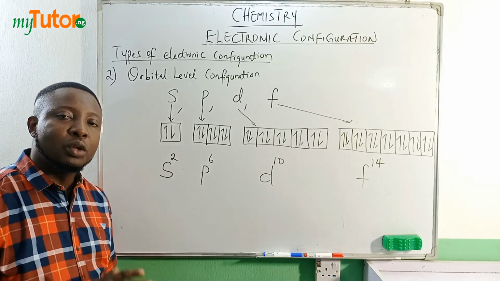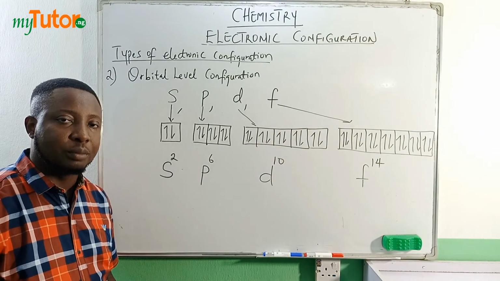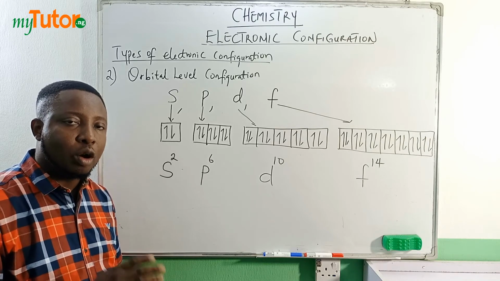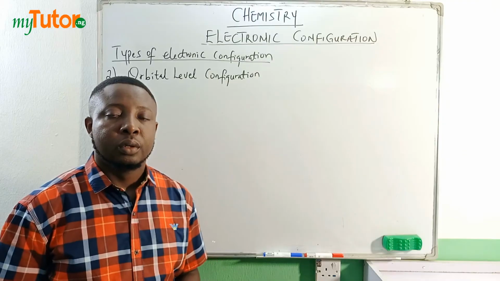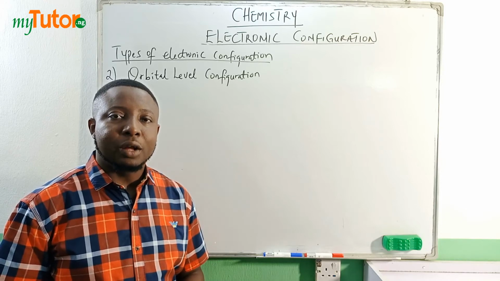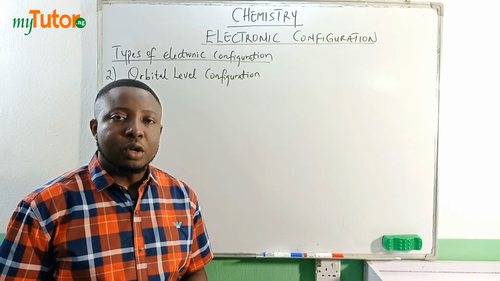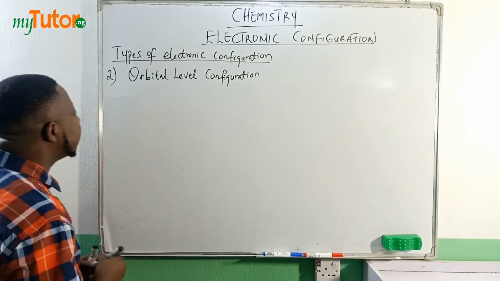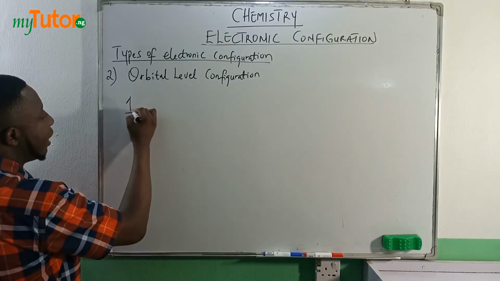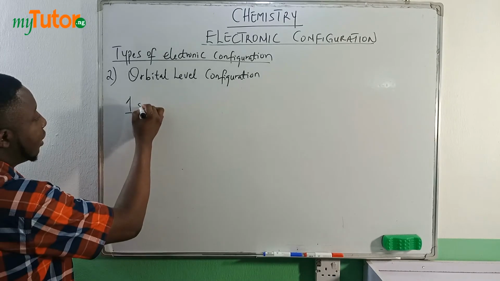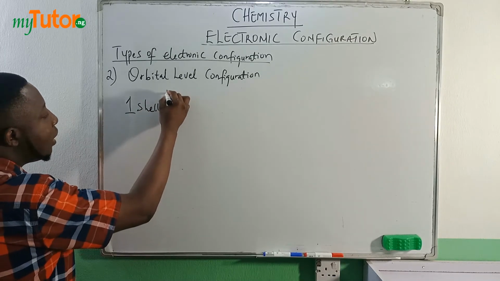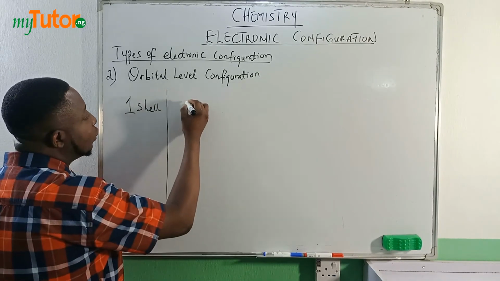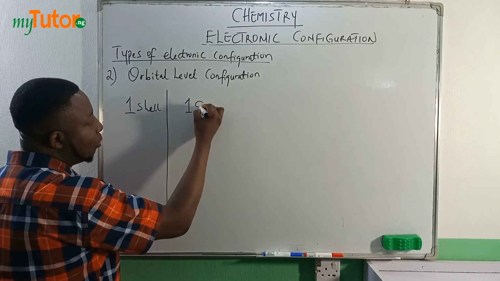Now that we know the different orbitals in an atom, let's see how to write the orbital configuration of an atom. To write the orbital level configuration, we're going to follow the Aufbau principle. This principle says that the first shell or the first energy level will have only one orbital, and that orbital is the 1s orbital.